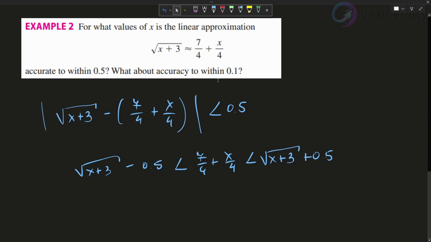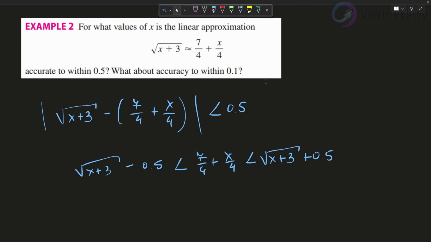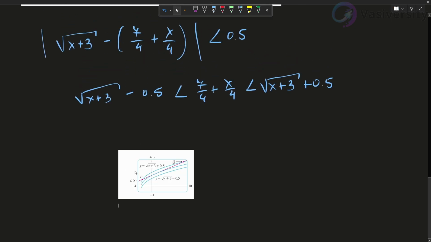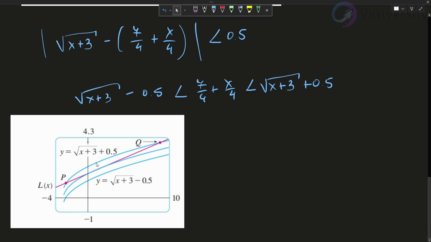So this says that the linear approximation should lie between the curves obtained by shifting the curve y equal to square root of x plus 3 upward and downward by 0.5 units. Essentially, we can imagine it like this. This would be the graphical representation of what we've done. So we shift it upwards and downwards.